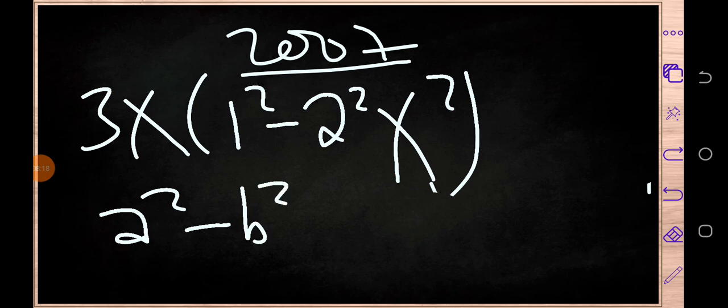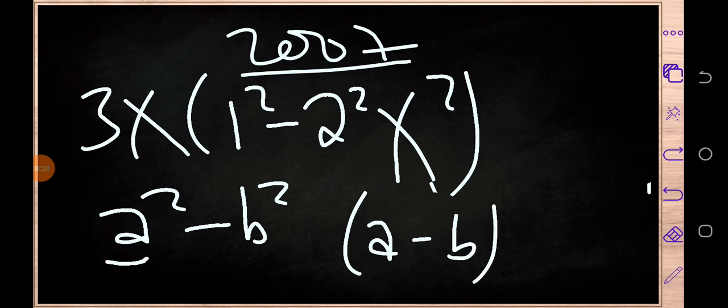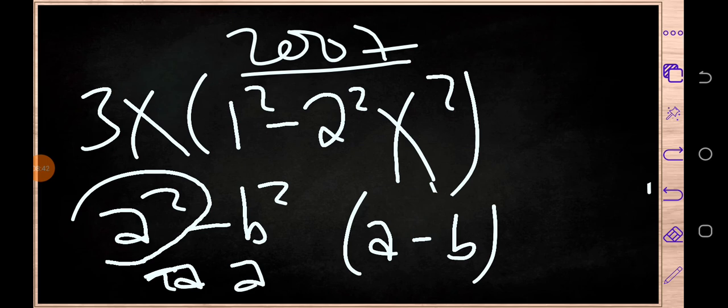The difference of two squares states that you open up the bracket, then you write a minus b. So here we have got 2 a's, because a to the power 2 simply means a times a.